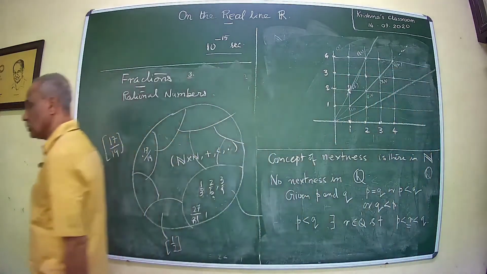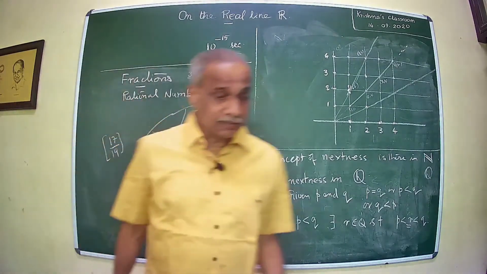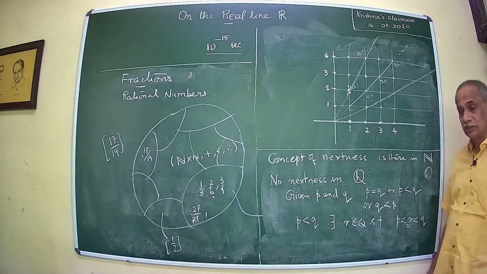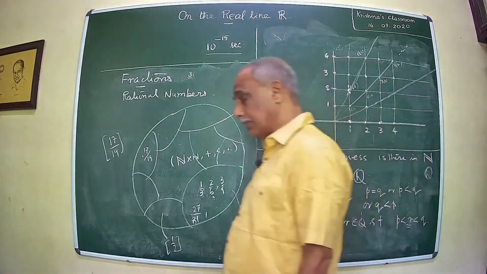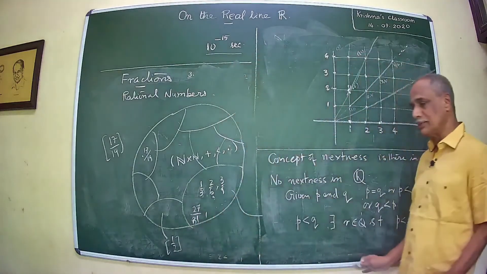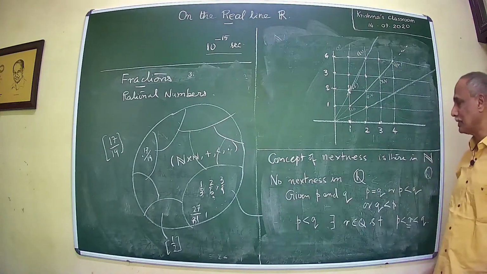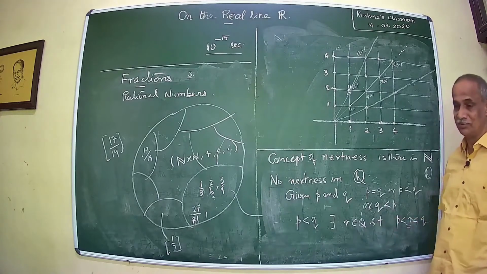So this is one property that is markedly different from the natural numbers. Natural numbers have a discrete structure, but here you don't have that discrete structure. The concept of nextness is the casualty. It is completely gone now.